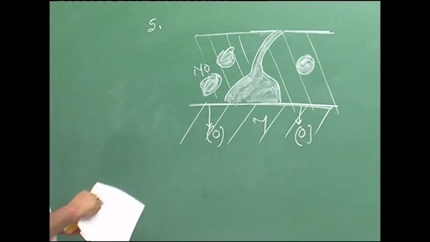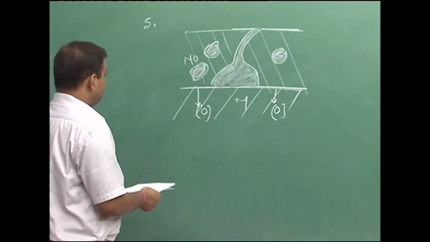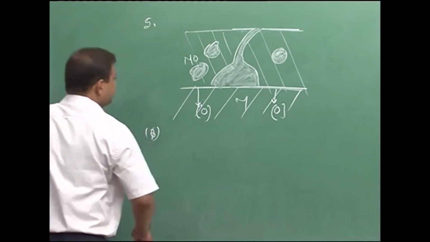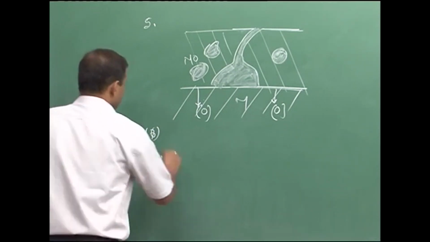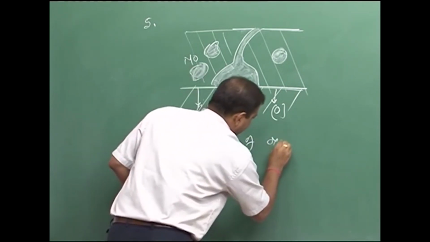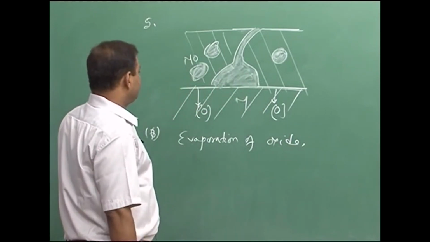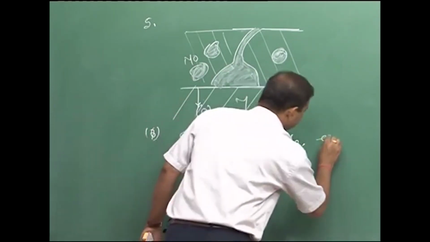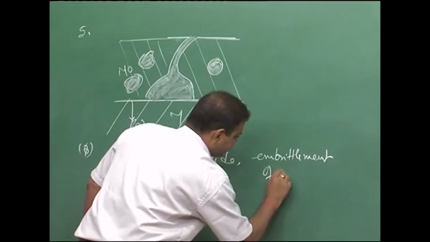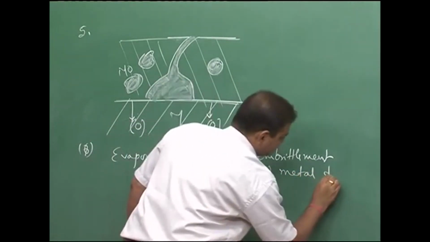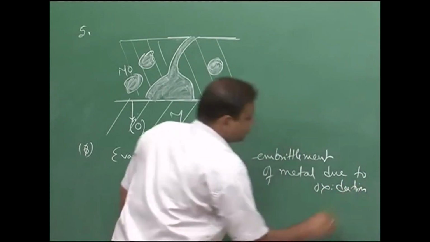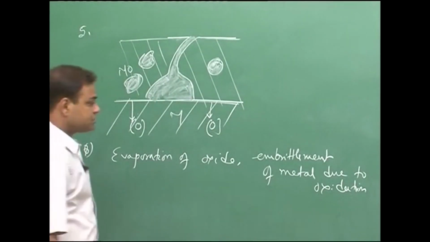Now, at this stage there could be other events. For example, from the beginning of the process, there could be evaporation of oxide, or there could be the possibility of embrittlement of the metal due to oxidation, and this oxidation could be internal oxidation.